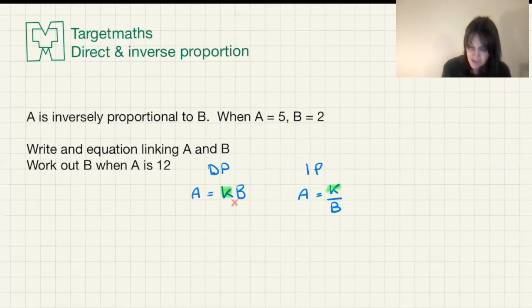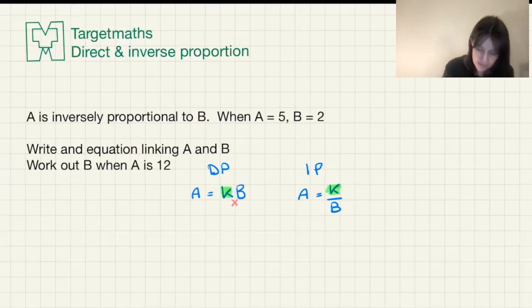So once you've done equals, you write K next, and then you squash it if it's direct, you stick it over, under, if it's inverse. And that's it. That's the only difference. Then everything else pretty much works in the same way.